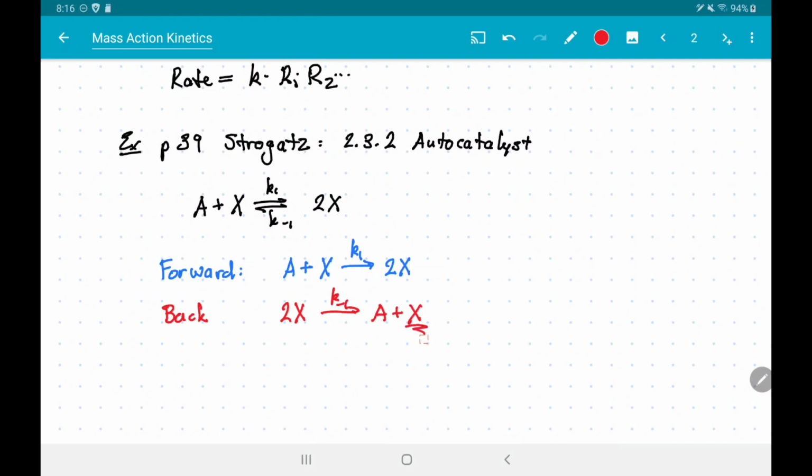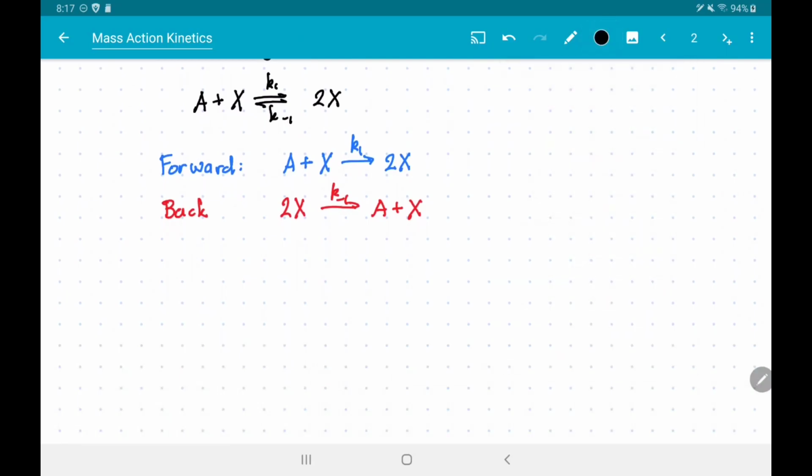One of them remains unchanged, but the other one turns back into an A. Usually what's going on is that the forward reaction happens at a greater speed or is somehow more likely than the back reaction. So this is essentially a correction to the dynamics given by the forward equation.